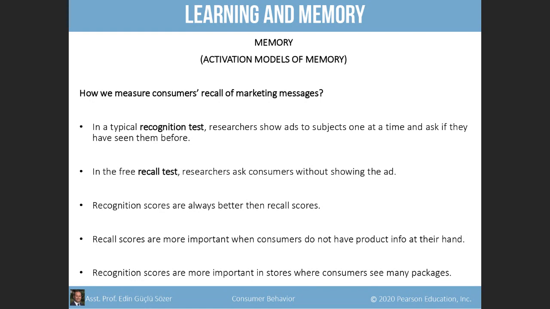So if the customer makes a decision inside the store, then we have to make sure that the customer recognizes us. Knows us. So this is why in that type of product categories and context, recognition performance of the brand is extremely important.